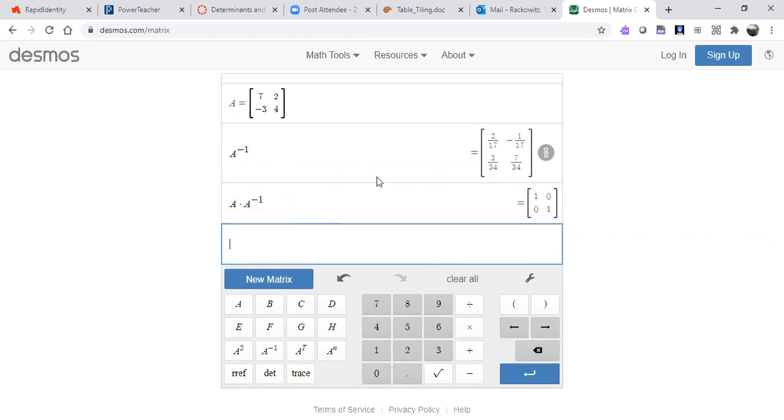But that determinant is part of these fractions, and there's a reason for that. If I find the determinant of A, you'll see it's 34, and you see the 34s in there?